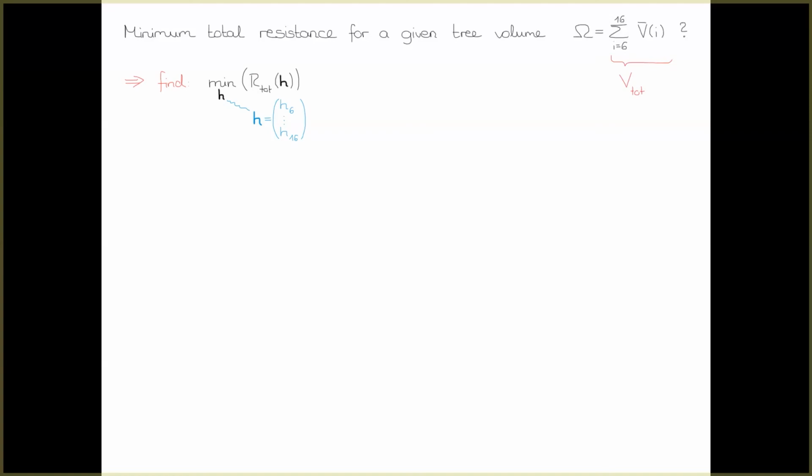As long as we are taking this binary tree basic design, then H is basically the parameter set. And then the constraint is the total volume. The total volume matches the specified one. Omega is the specified volume. And this is basically the total volume which we get from our calculations, which depends, of course, on the choices of H6 to H16.